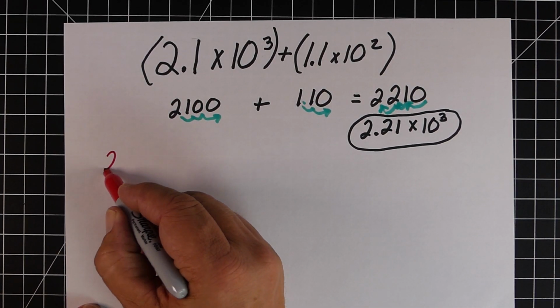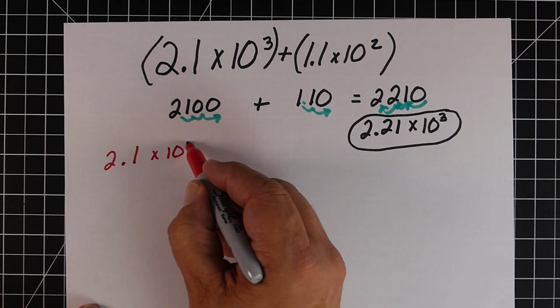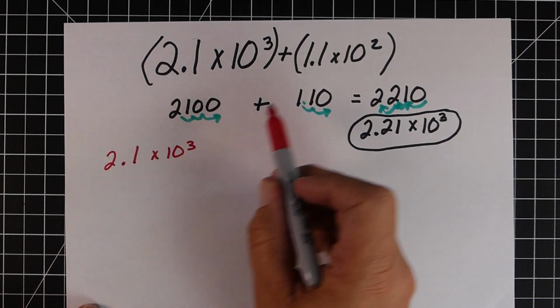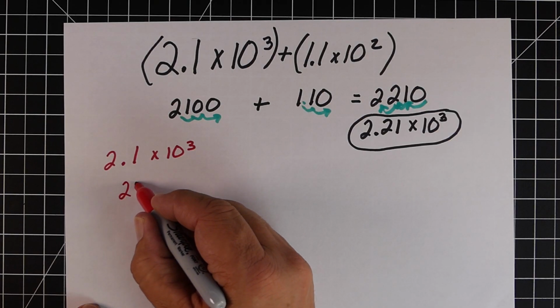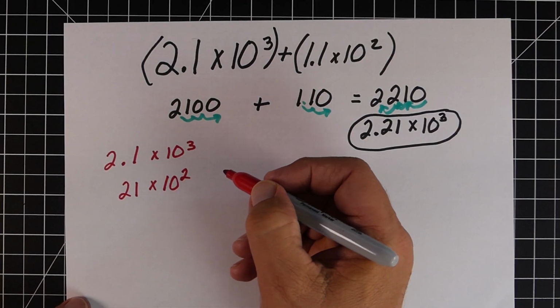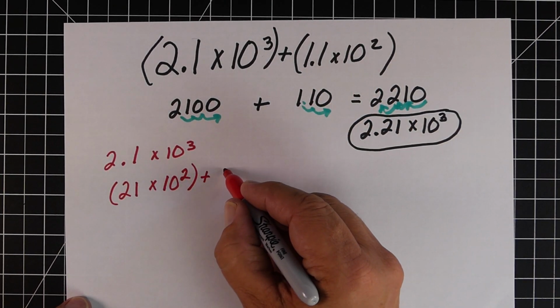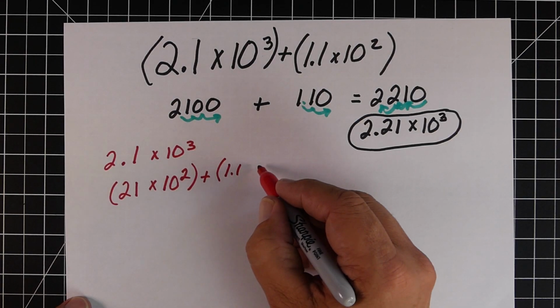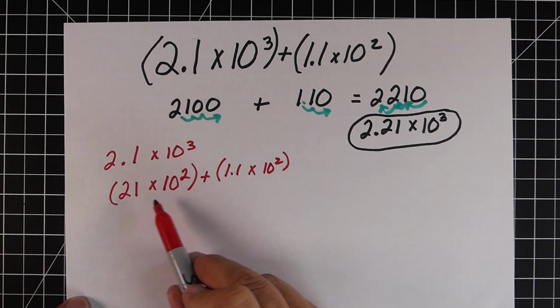But one of the things we can do is always try to convert one of the scientific notations into a situation where we have the same exponent as the other one, and we can do that either way. If you look at the 2.1 times 10 to the third, if we make it the second, that means we make the 2.1 into 21. So what we have now are these two right here.